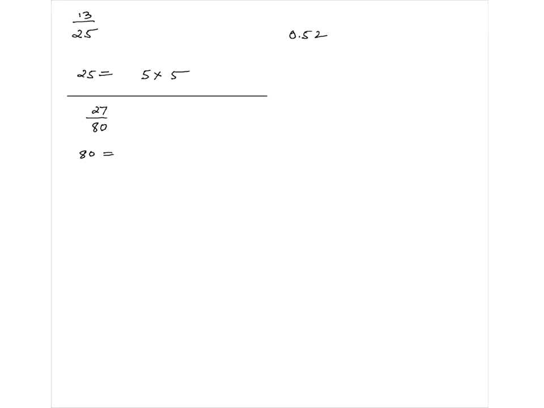So 2 to the power of 5 into 5. Sorry, 2 to the power of 4. Yes, that should be correct. 16 into 5 is 80. So nothing else except 2, 5. That means it should be terminating type. Any questions?